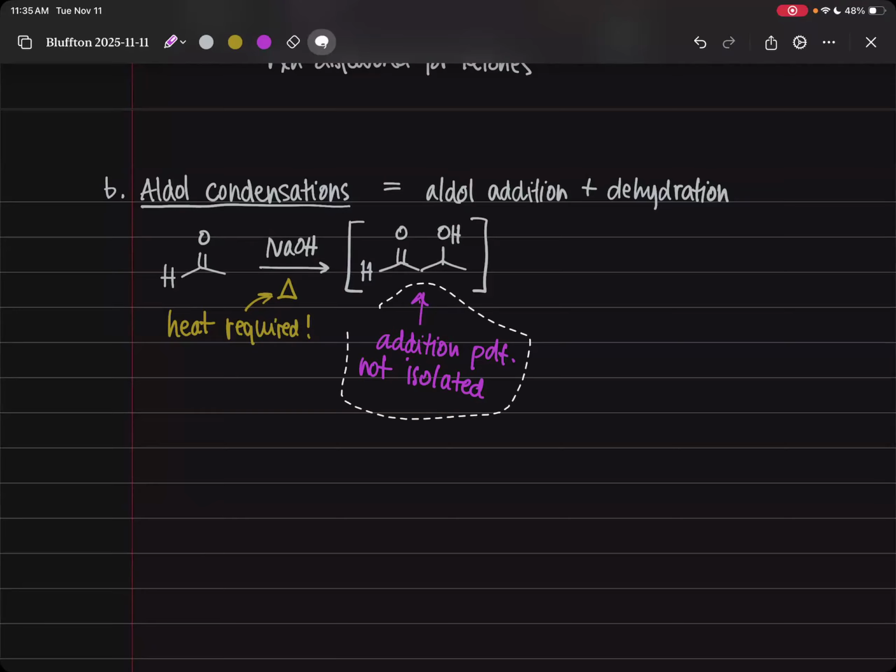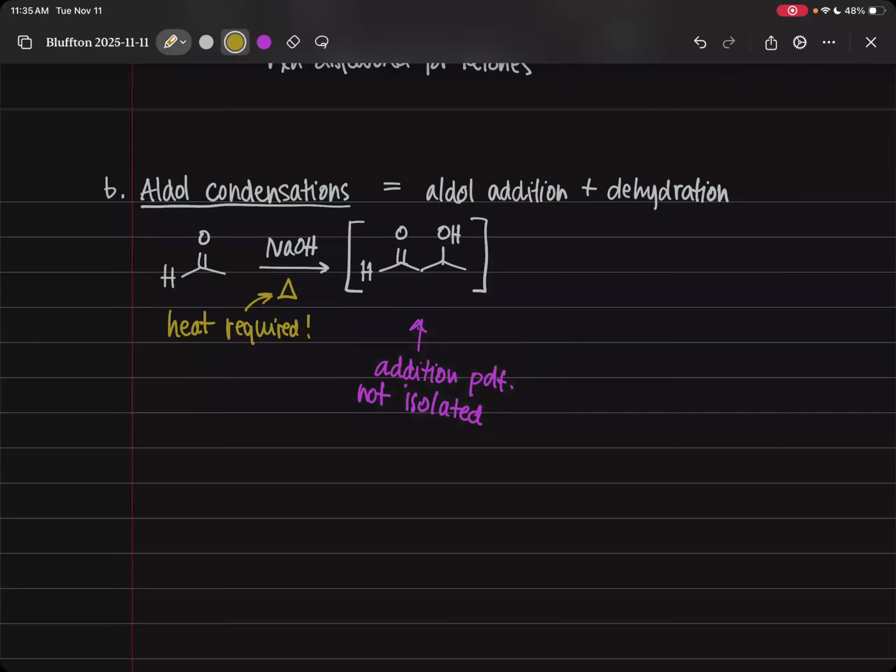But instead what we're going to do is eliminate water. And the water is going to come from that hydrogen atom that's on the alpha carbon, or one of them, and the OH group.